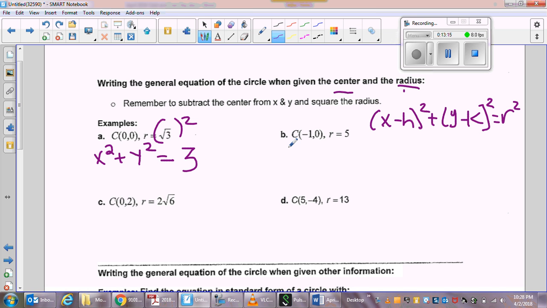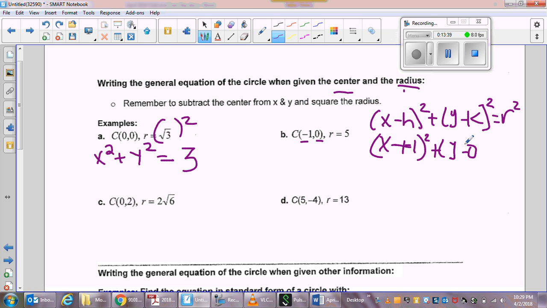And what about b? I have negative 1 and 0. So in this case, x minus negative 1 is going to give me what here? The two negatives are going to change into positive, right? That's why we have to negate it. Squared plus y minus 0, right?